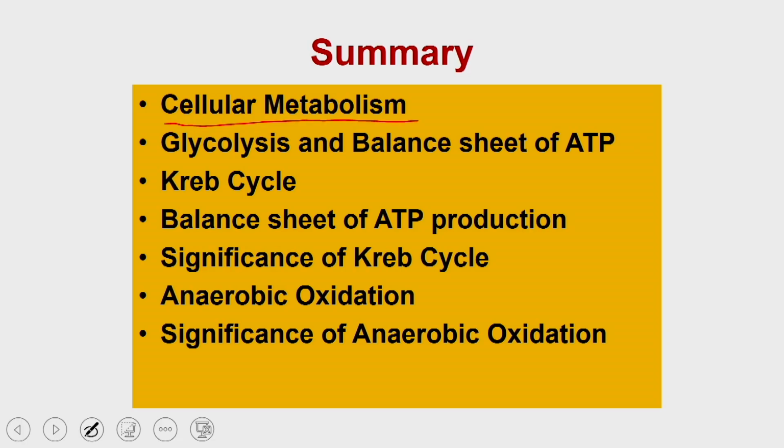We discussed glycolysis, in which glucose is converted into pyruvate, and we discussed the balance sheet of ATP production, and how the different intermediates provide ATP or utilize ATP molecules for glucose activation. Then we discussed the Krebs cycle, and how ATP is produced at different steps within the Krebs cycle.